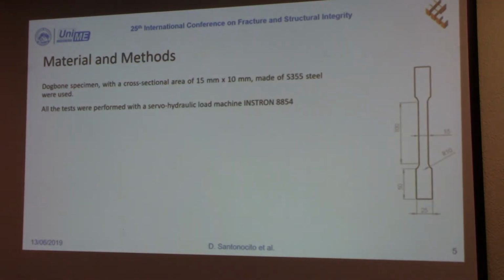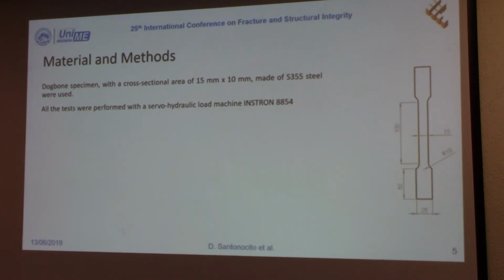Let's have a look at materials and methods. The steel that we analyzed is an S355 steel with a nominal cross-sectional area of 15 by 10 millimeters. And the important thing that I want to stress is that the material comes from an in-service component.